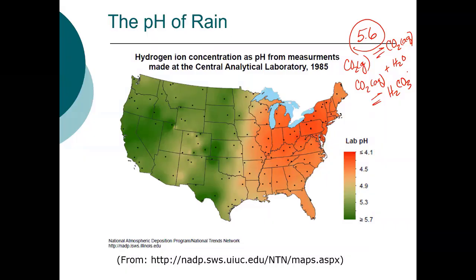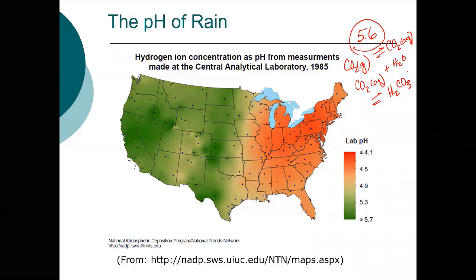So it's because of that the pH of natural waters and rainwater is about 5.6.